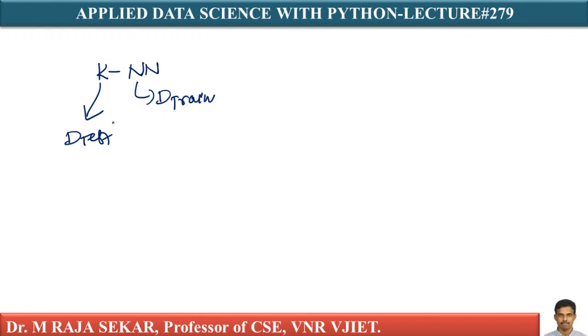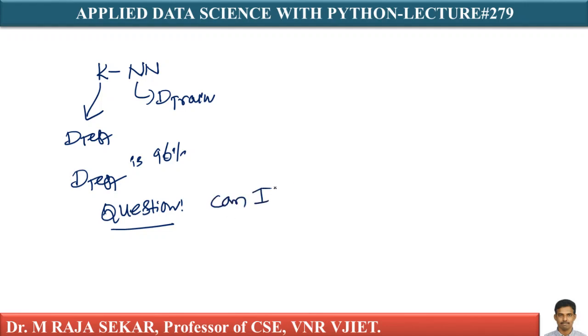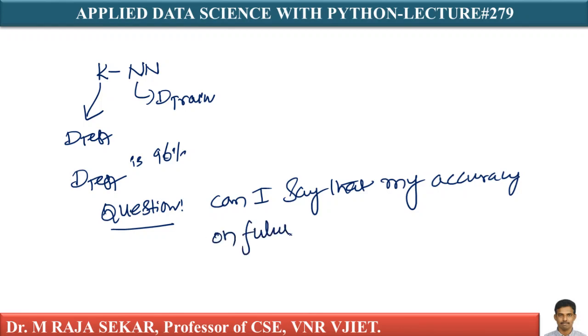If I am using D-train and D-test, and I say accuracy on D-test is 96%, here a big question is, this is one important observation: can I say that my accuracy on future data or unseen data is 96%?